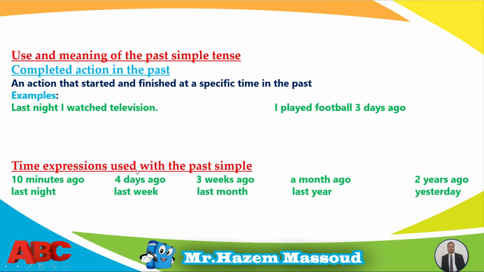The time expressions used with the past simple, or the time markers, are: 10 minutes ago, 4 days ago, 3 weeks ago, a month ago, 2 years ago, last night, last week, last month, last year, yesterday. So all these words are the time markers of the past simple tense.